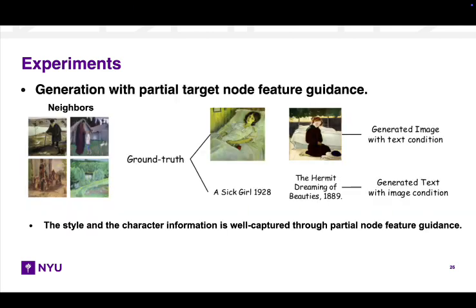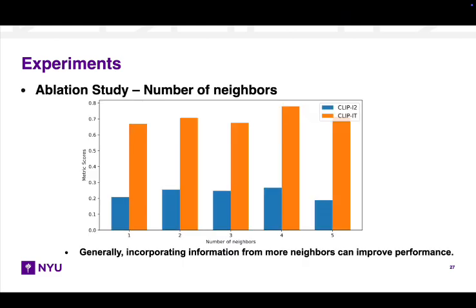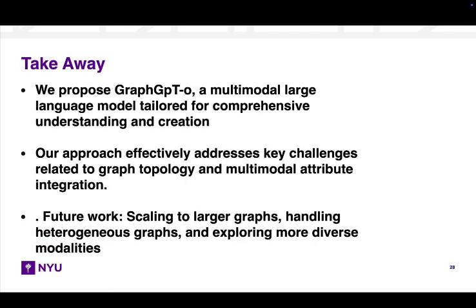And in generation with partial target node feature guidance, the style and the character information is also well captured through the partial node feature guidance. We also ran an observation study on the number of neighbors. We saw that incorporating information from more neighbors can improve the performance as well.